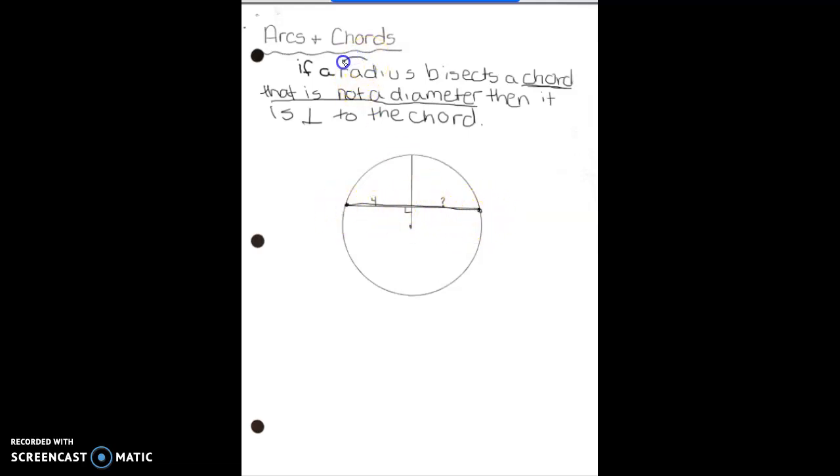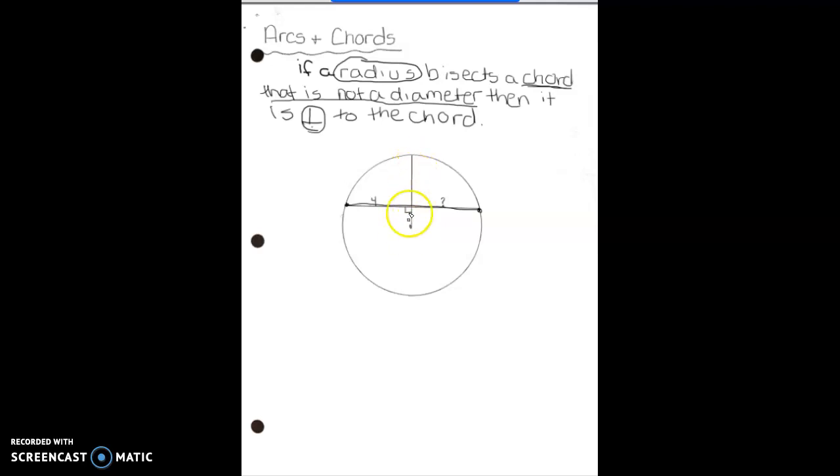Now, radius. We know what a radius is. A radius is from the middle out somewhere. So if a radius, this guy right here, bisects a chord, then it's perpendicular to it. Well, that's the symbol for perpendicular right there. Perpendicular means right angle. So I'm told in this picture it is a right angle.